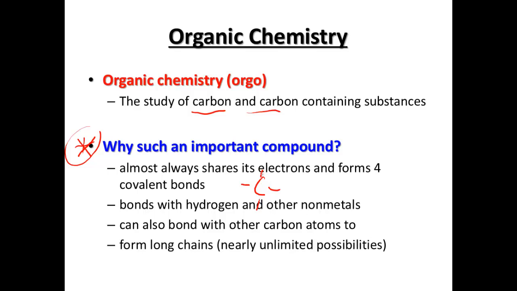Since carbon is able to make 4 covalent bonds to either hydrogen, to another nonmetal, or to another carbon atom, we can start to make long carbon chains and very complex structures. All of these long chains make almost unlimited possibilities. So carbon is the backbone, or the basis, of all life forms as we know it, and makes so many important substances because of these unlimited possibilities of what carbon can make.